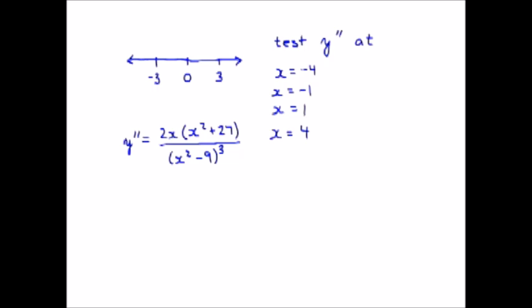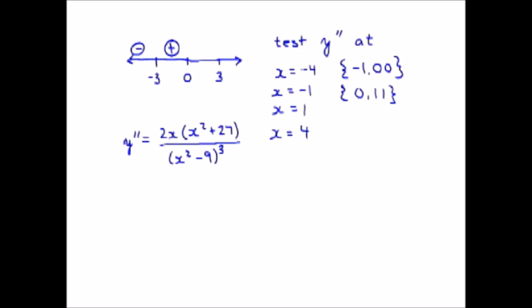When I substitute in negative 4 for x into y double prime, I get negative 1.00. So I know my function is concave downwards from negative infinity to negative 3. When I substitute x equals negative 1 into my second derivative, I get an answer of 0.11, a positive value. Therefore, I know the function is concave upwards from negative 3 to 0.